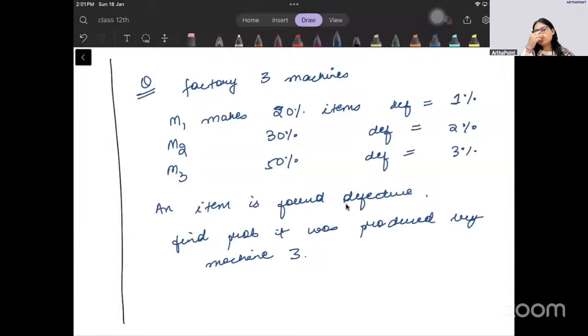So whenever Bayes theorem will be used, you will notice that they give you a statement like this: a person was found having disease, an item was found defective, and then they will ask you the reverse probability. That is, given that the item was defective, what is the probability machine 3 produced it?